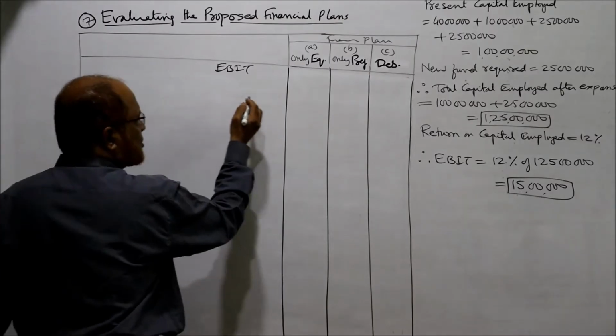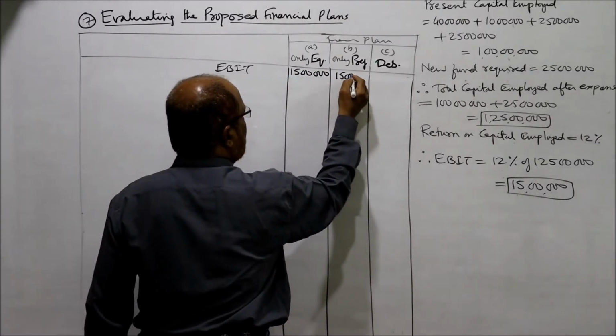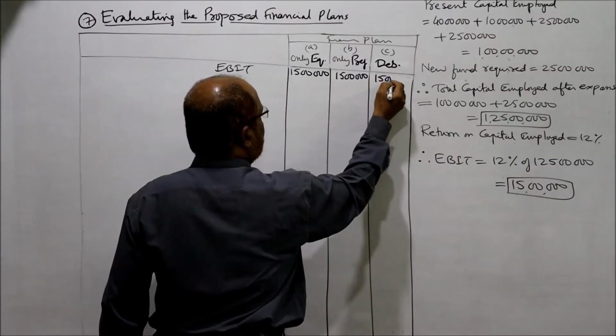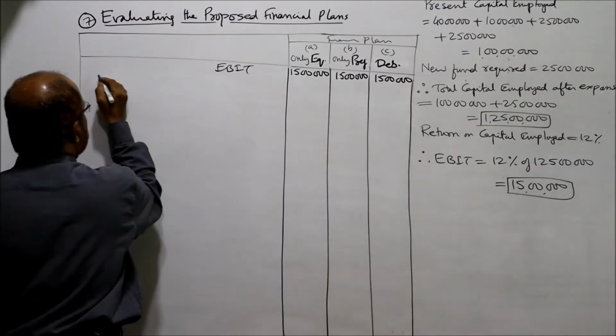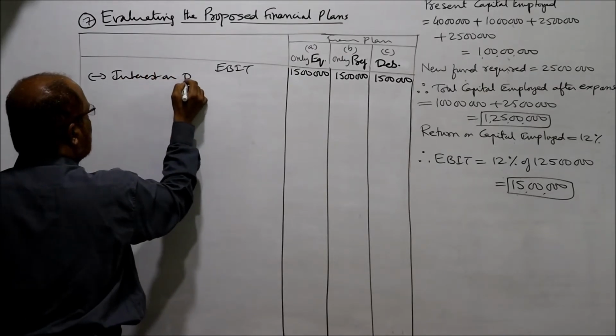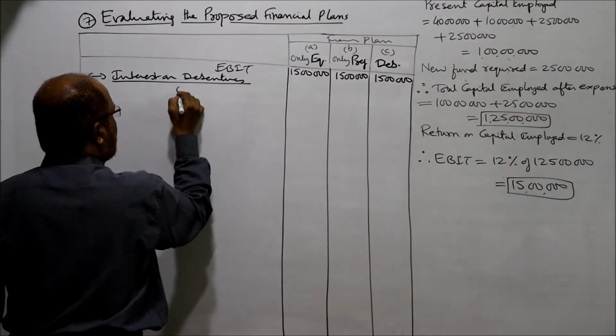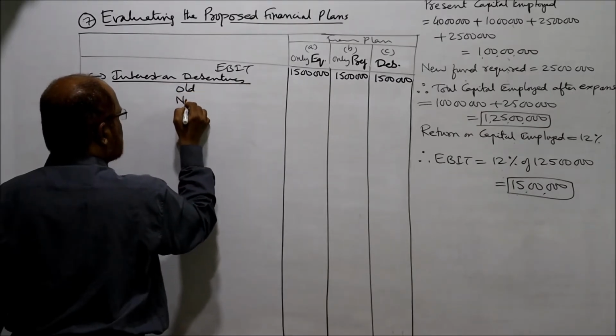Now we'll start the calculations. 15 lakh rupees is the EBIT, which we have just calculated. From this we deduct interest on debentures. We have old as well as new.